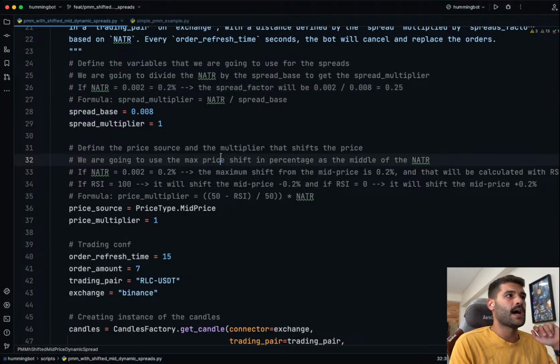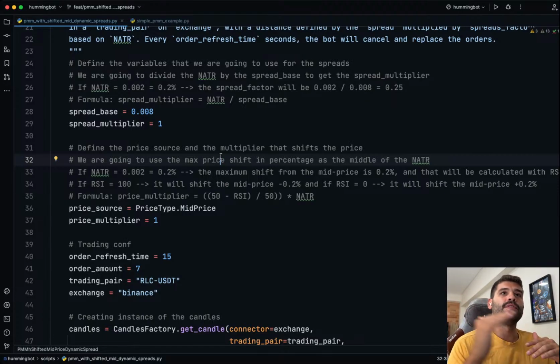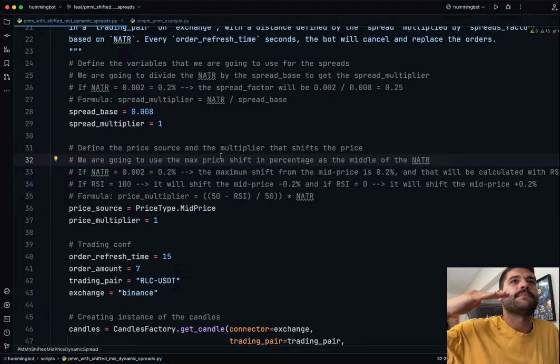Another assumption that I made that I didn't mention before is the maximum range that I can move the RSI, the maximum that I can shift the price. Because if the RSI is 100, which is the maximum value, how much will I be shifting the price?